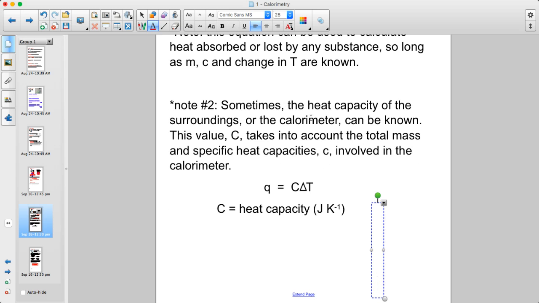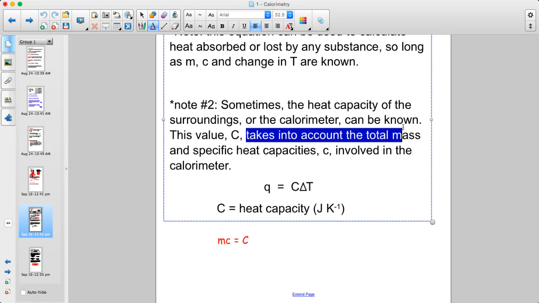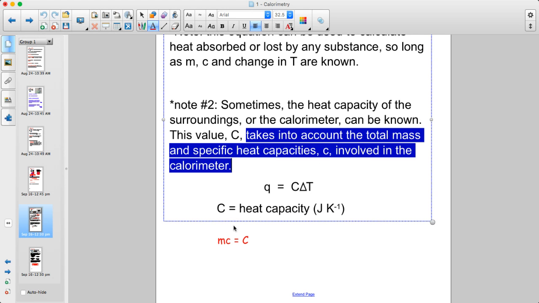Sometimes, if you want to be a bit more accurate, Ivy will give you a problem like this, they take away the MC and they just give you a C. So M times C together equals C. It's something called the heat capacity, and essentially it takes into account the total mass and specific heat capacities involved in the whole calorimeter.